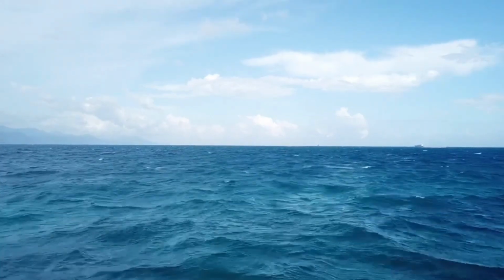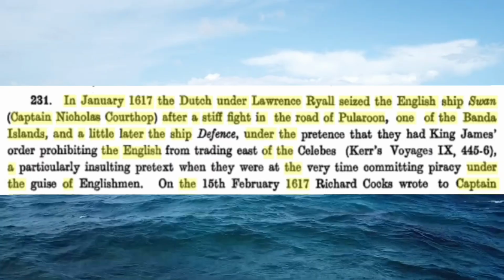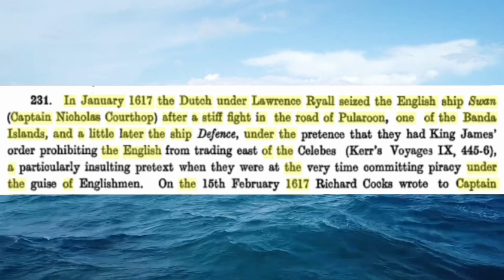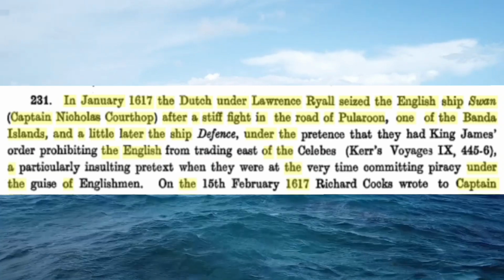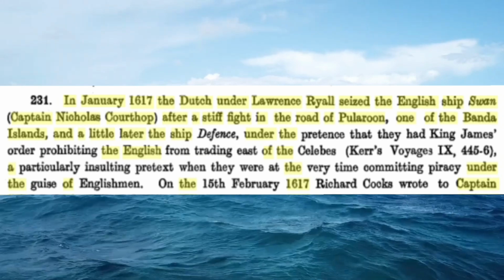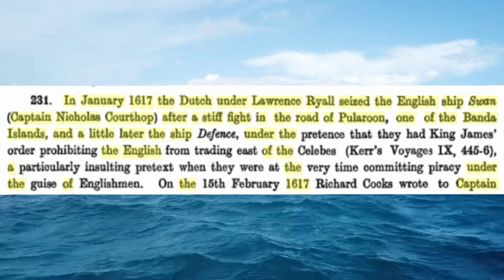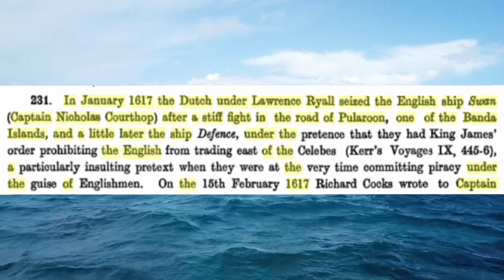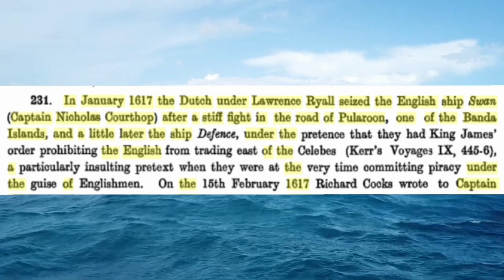This is from the Royal Anthropological Institute of Great Britain and Ireland. Let's get into it. It says, in January 1617, the Dutch under Lawrence Ryle seized the English ships Swan, Captain Nicholas Courthrop, after a stiff fight in the road of Parleroon, one of the Banda Islands, and a ship later, the ship Defense, under the pretense that they had King James' order prohibiting the English from trading east of Celebes.